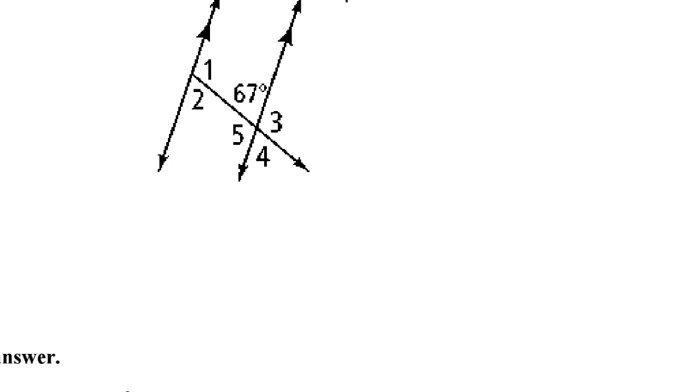We're going to find the missing angle measurements for number 4. And I'm going to give you the reasons here. So we have the measurement of angle 4 is equal to 67, and that's by definition of vertical angles.